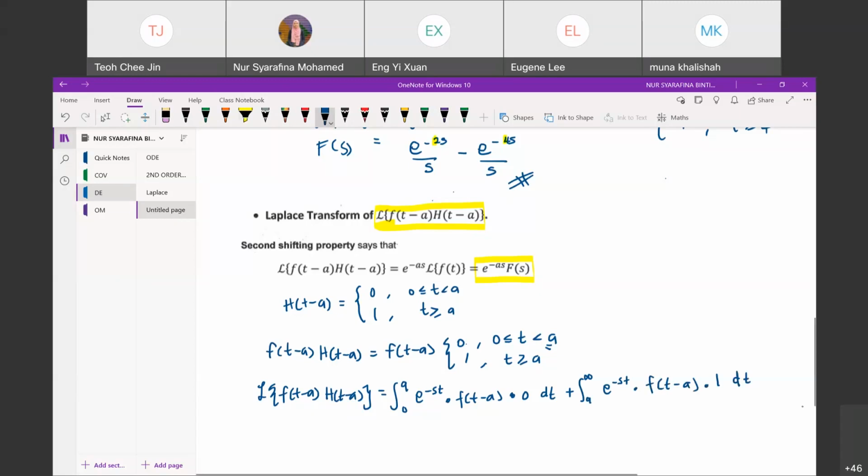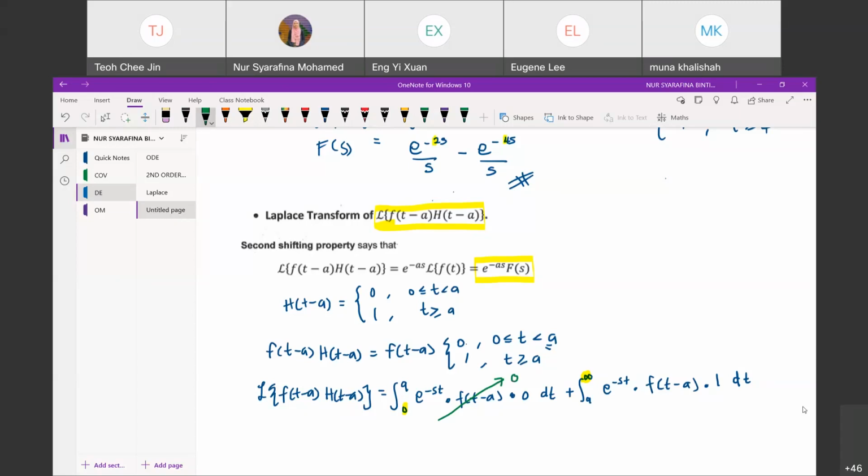Okay, so this is the definition of the Laplace transform. We integrate from 0 to infinity e to the power negative st times f(t). So by using this unit step function, you know that it is 0 from 0 to a, and it is 1 for t from a to infinity. So we can just write this like this. So this one becomes 0, right?